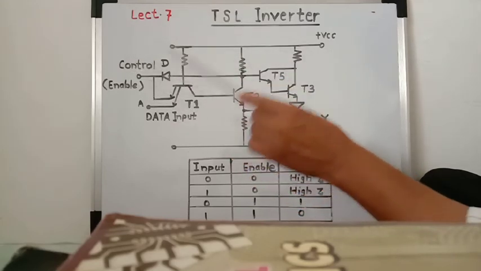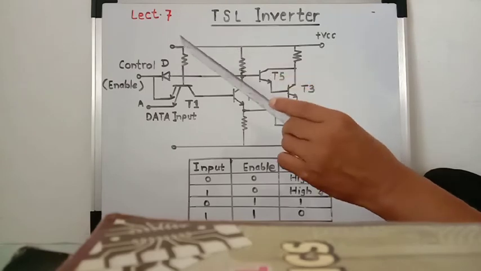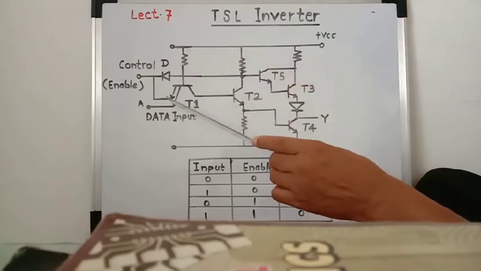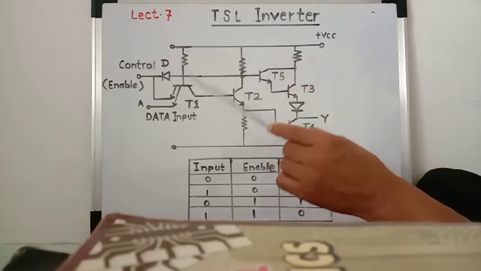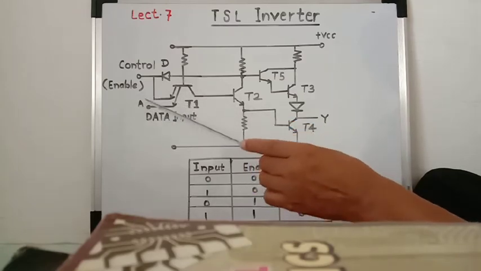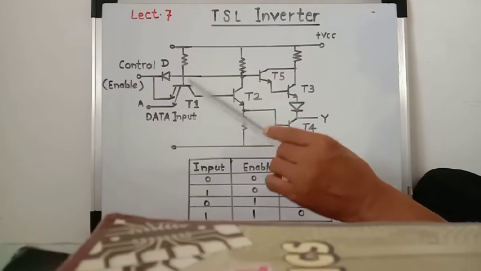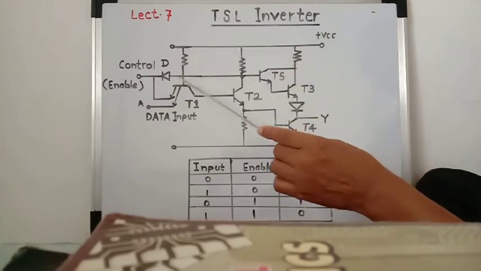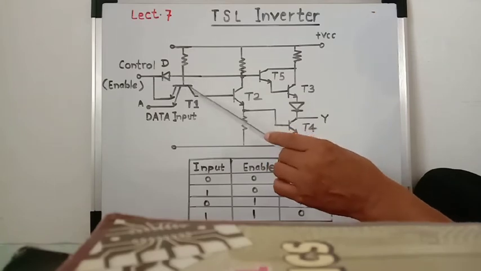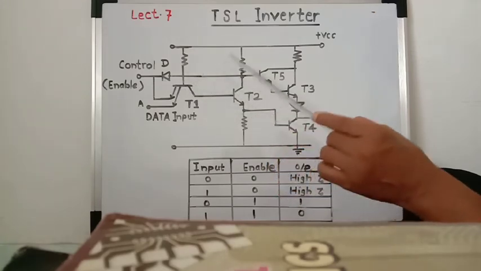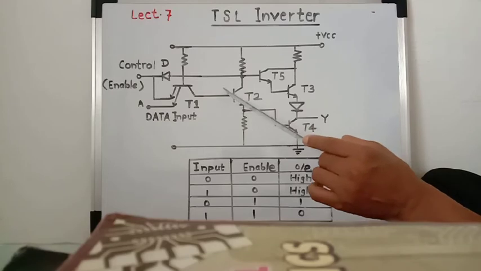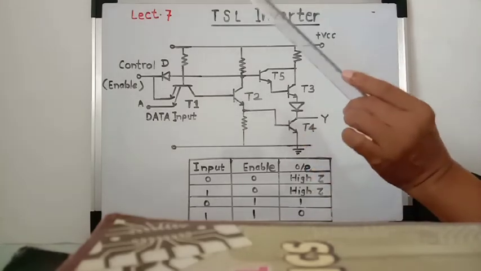Also, transistor T1 is turned on because its emitter is connected to terminal A, and therefore its collector goes low. That is, the base of transistor T2 goes low.